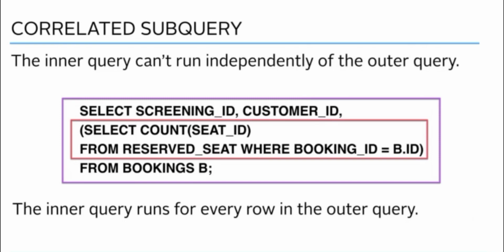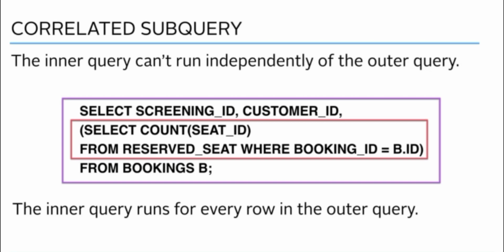But for correlated subqueries, the inner query can't run independently of the outer query, and that's because the inner query is using data from the outer query. In the example here, in the outer query we have select screening_id, customer_id from bookings b.